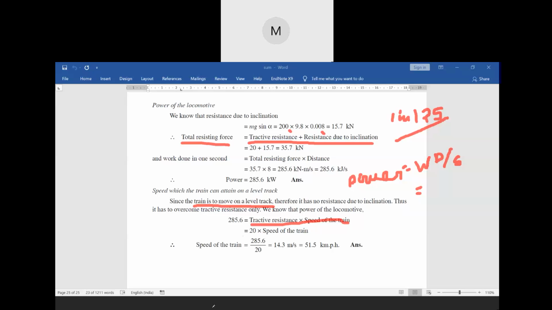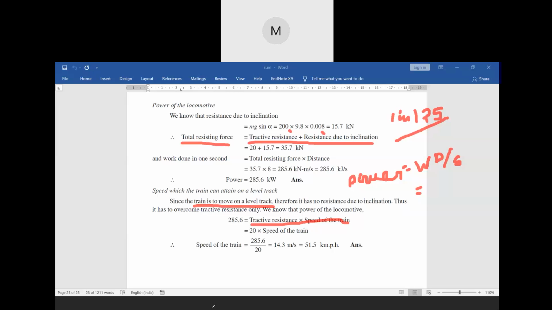Which case do we have to omit in the second case? Because the train is moving on a level surface, right? For finding out the resisting force, which part do we have to omit? Which part do we not have to consider?